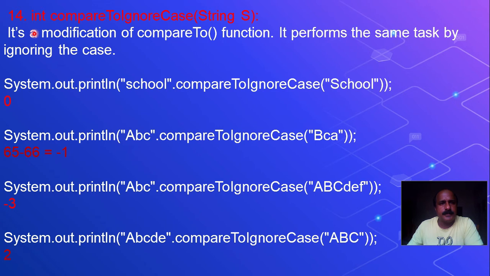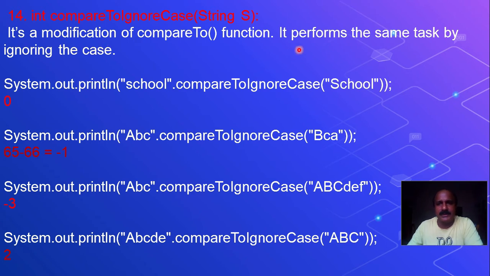This is int compareToIgnoreCase. In the previous one, your function was compareTo, and that also was returning an integer value, and this is also returning an integer value, but it's a modified version of compareTo.